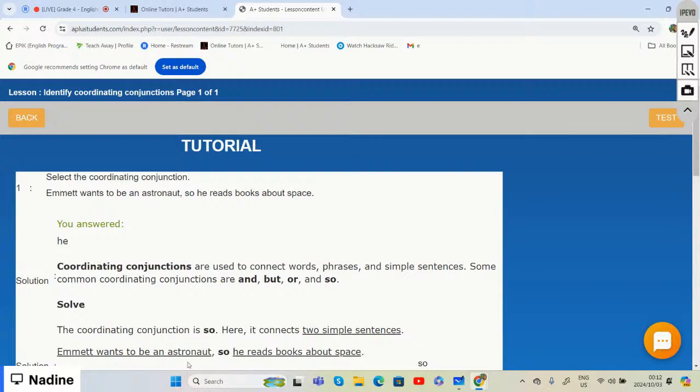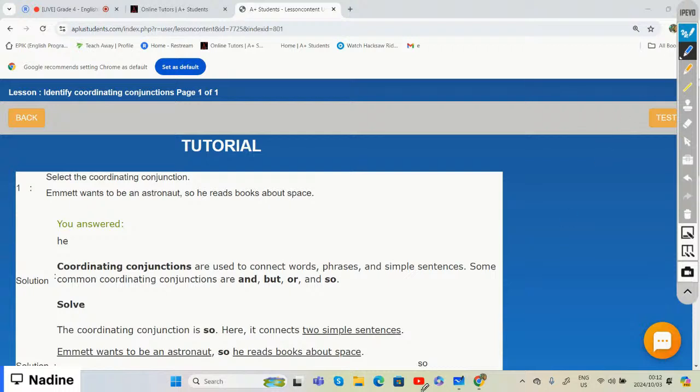All right. It says Emmett wants to be an astronaut. So he reads books about space. And if we were to select our coordinating conjunction within that sentence, then we will say so is our coordinating conjunction. Remember we said our coordinating conjunctions are words like so.